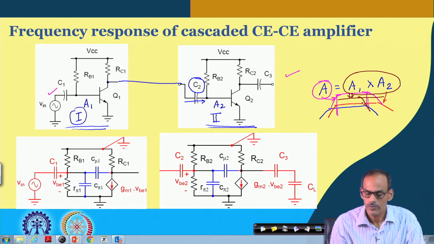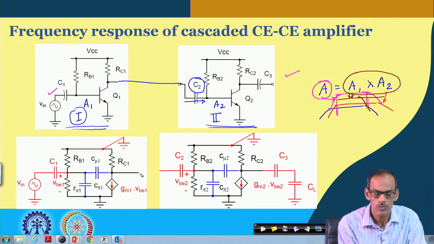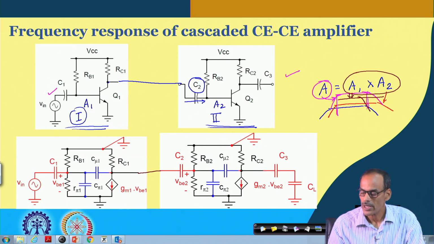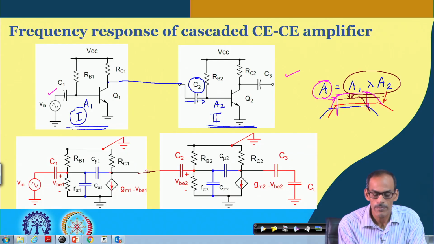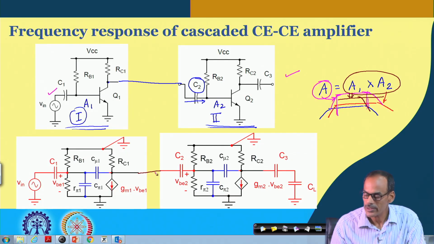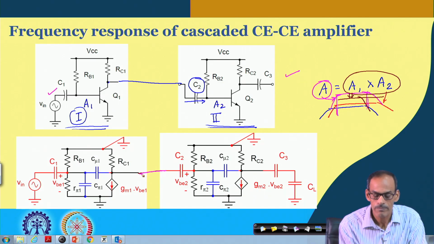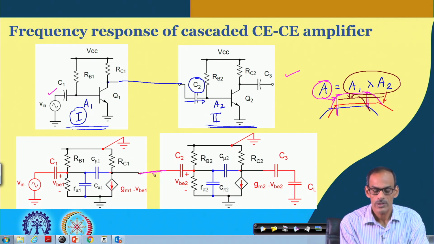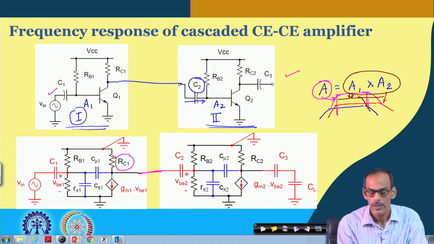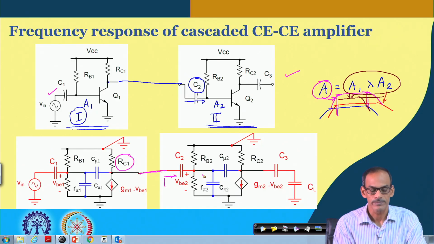Here we have drawn the low-frequency small signal model of the individual stages, and these two stages are connected here. If we connect the two stages, then the resistance RC1 comes in parallel with whatever resistance is seen by the next stage.